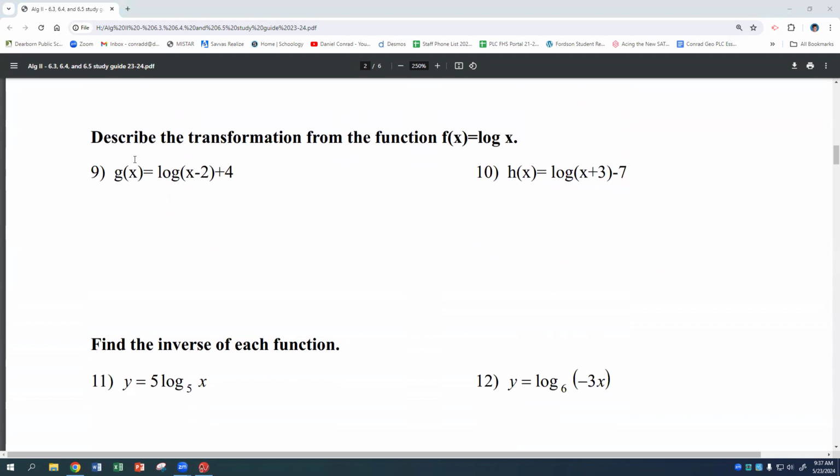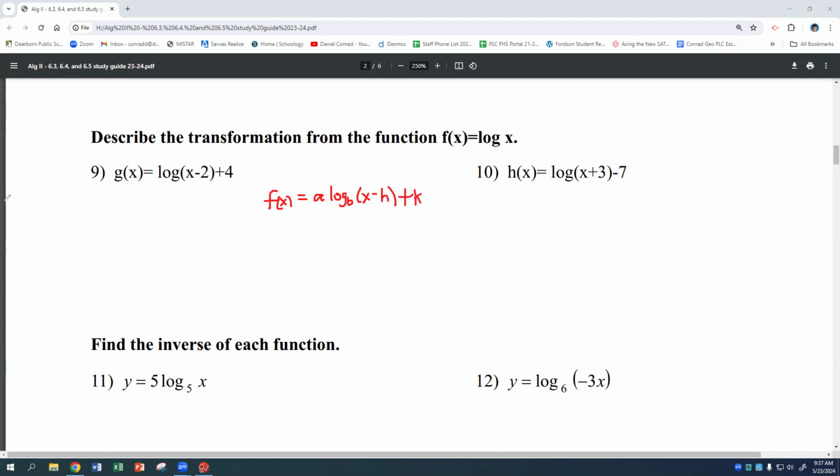Describe the transformation. Okay, so again, I'll just use f of x equals a log base b of x minus h, plus k.